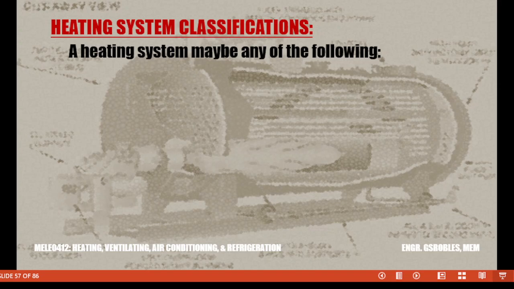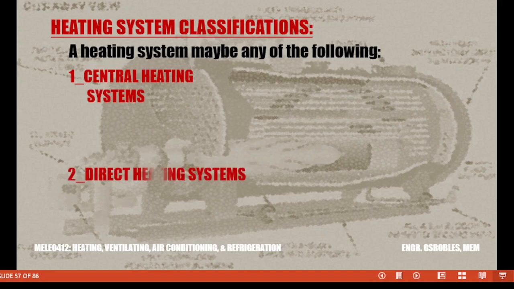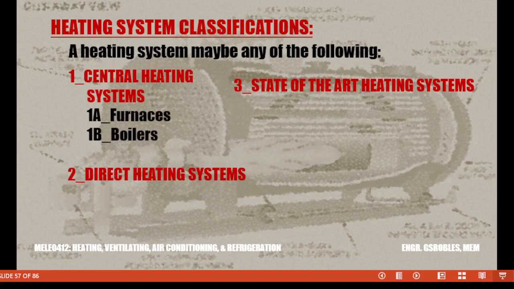So heating systems may be classified into three, and these are the following. So first one, we have the so-called central heating systems. Another one is we have the so-called direct heating systems. And then nowadays, ito na ngayon, no, meron tayong tinatawag na state-of-the-art heating systems. So sa central heating systems, meron tayong furnaces, boilers, as well as heat pumps.